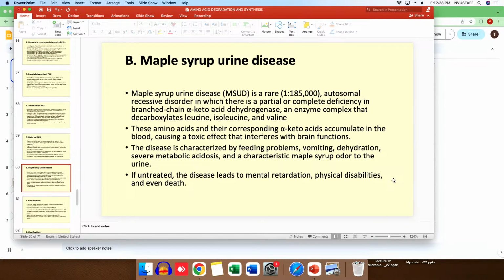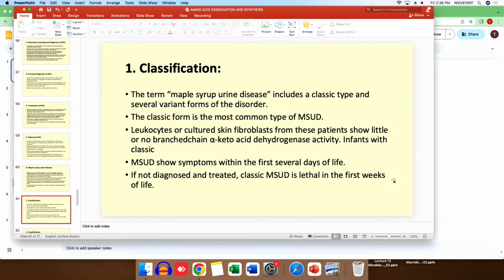Specific in maple syrup urine disease is this odor of the urine that has a syrup-like smell. In phenylketonuria, it was a mousy odor. Please don't forget about these two. In maple syrup urine disease, it is maple syrup smell.